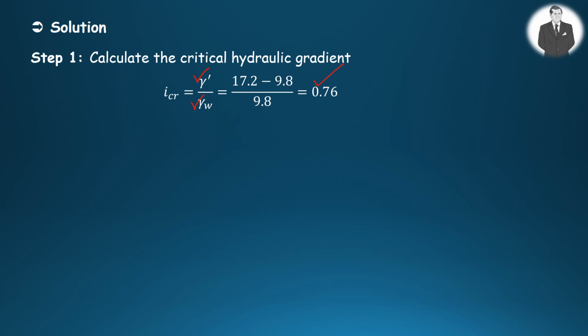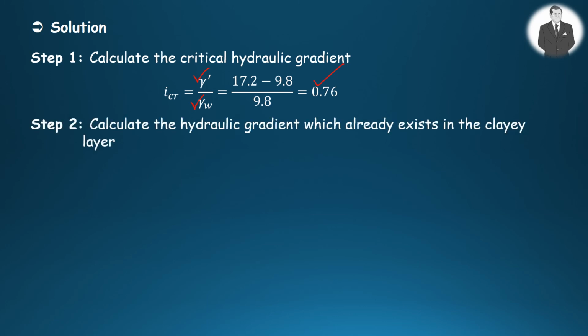In the second step, the present hydraulic gradient needs to be calculated. It is delta H over L. Delta H is the head difference between water levels, the difference between the water level in the piezometer and the water level in the lake.